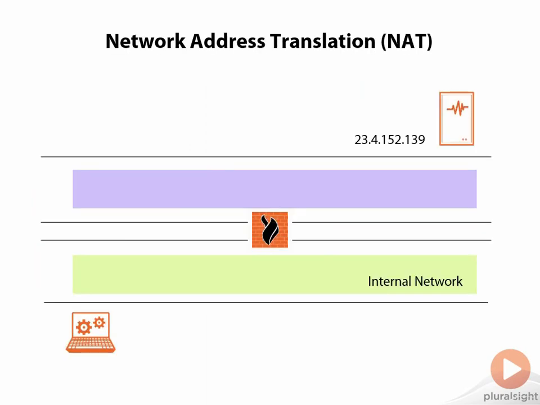Network address translation is a mechanism that remaps a multitude of internal addresses onto one single public IP address. Firewalls are often configured to perform network address translation to hide the IP addressing scheme on the internal network from the outside world. Furthermore, most organizations use private RFC 1918 addresses on the internal network and have a very small set of routable addresses on the outside of the firewall and the DMZ.